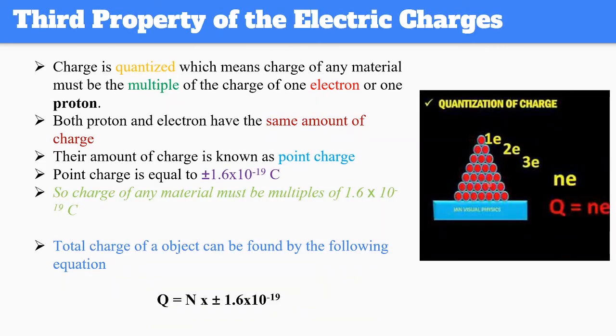And the third property of electric charge is that it is quantized. What does that mean? It's like the number of people. If you ask the number of people in a room, you don't expect an answer like 1.5 people, right? Because we don't count people in halves.